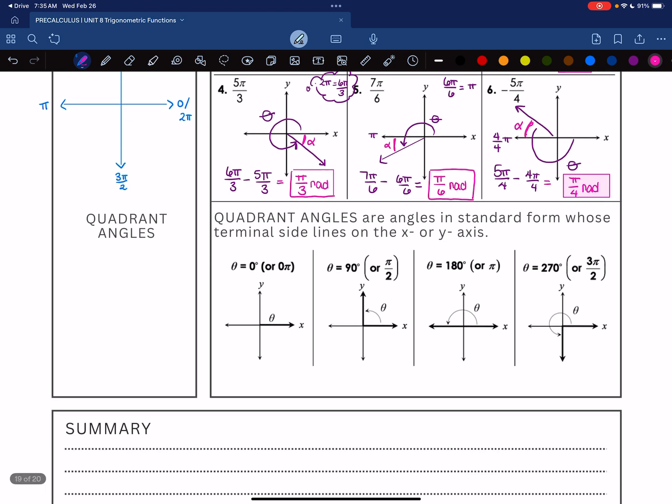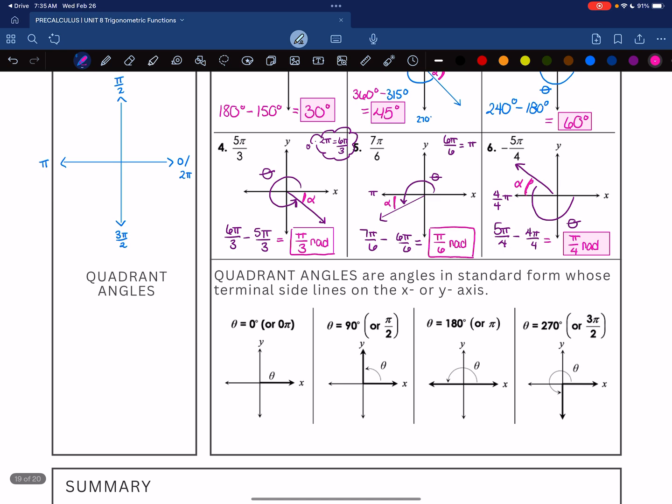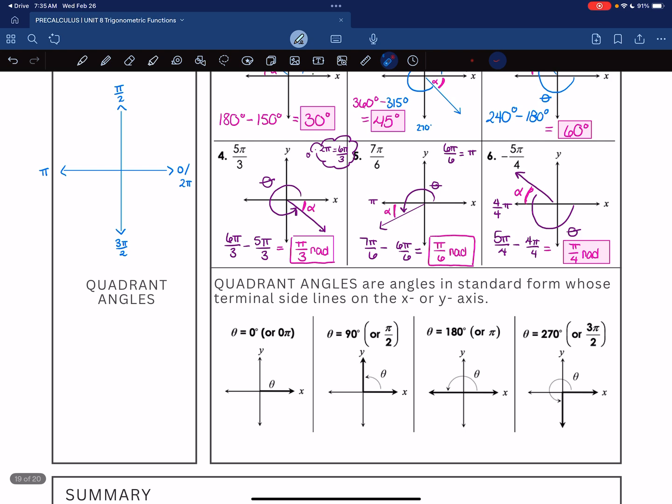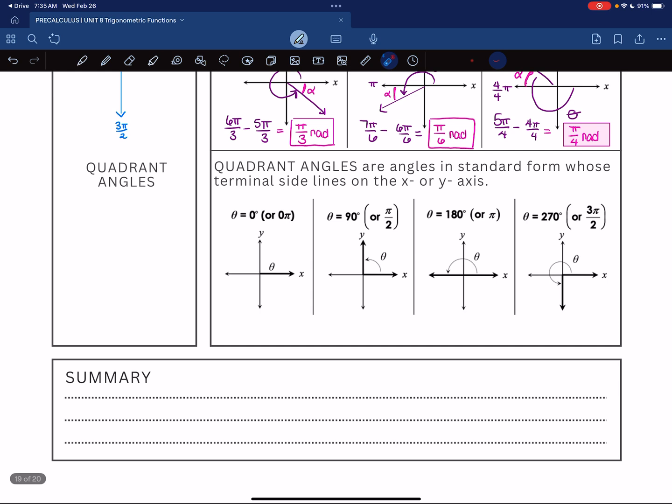All right, just about done here, guys. There's just a bit of terminology I want to leave you with. Quadrant angles. I was referencing them here in our margin. They are the angles in standard position that are going to be terminating on the x or the y axis. So if you are looking at a rotation that is not really a rotation at all, and you just terminate here, that is at 0 degrees or 0 radians.